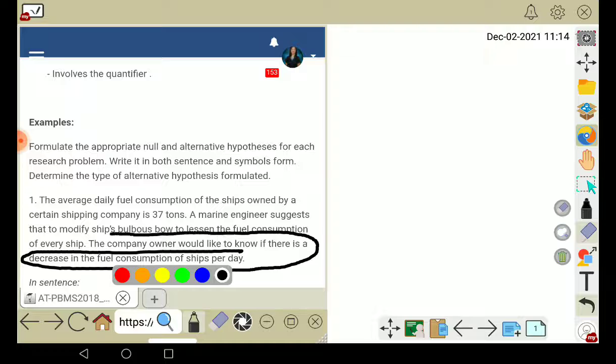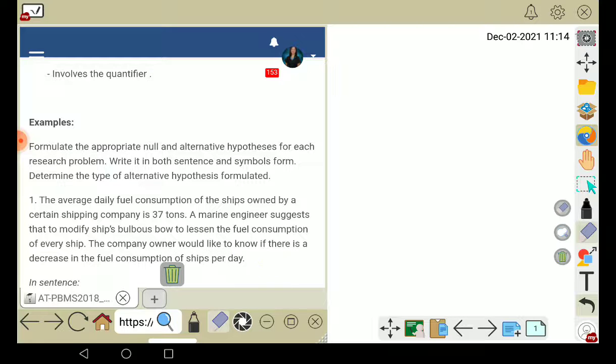Okay, from this statement, we are going to formulate our alternative hypothesis. And the null hypothesis is taken from the parameter, which is your mean, and that is given by your 37 tons.